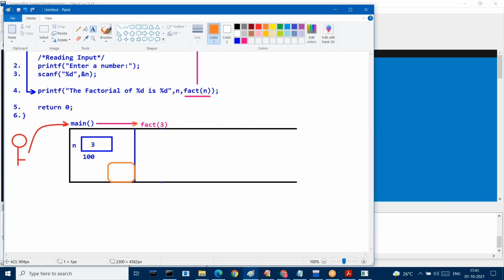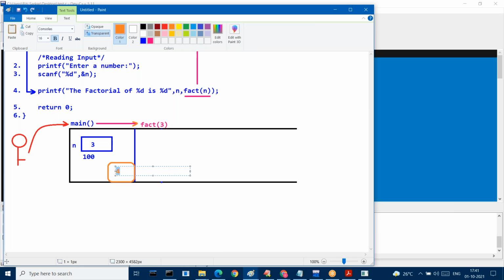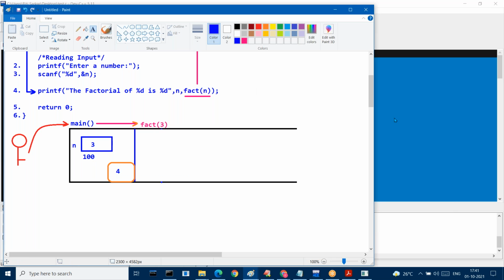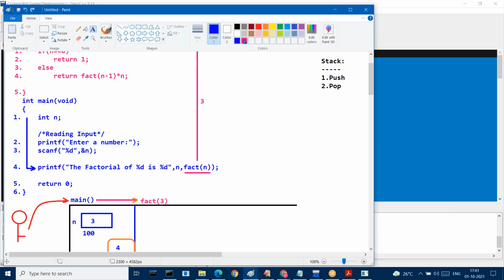Instruction pointer will remember that when the control comes back, I will start execution from 4. Because 4 is the line where I start. Fact 3 started execution.